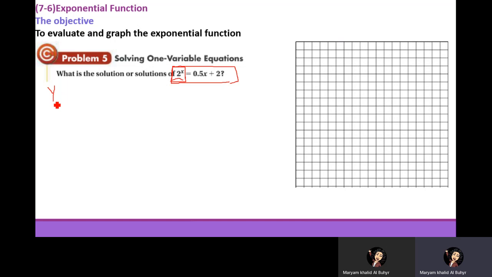So I will put y equals 2 to the power x. The other one, y equals 0.5x plus 2.